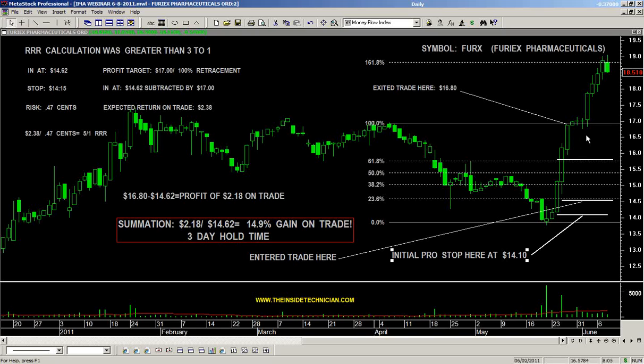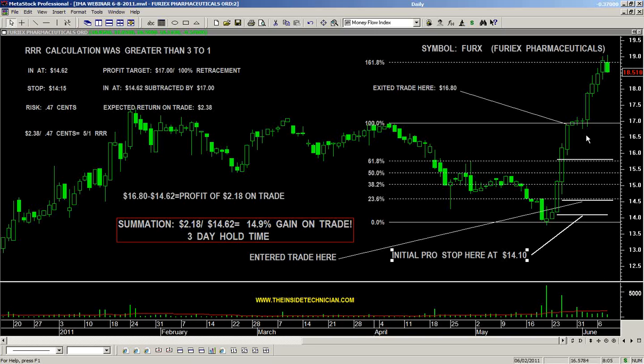We got in at 14.62. The stop was $14.15. So the risk became 47 cents. Now, with the move where it landed and that profitability, we made about $2.38 was the expected move. We rounded that down to about $2.18.